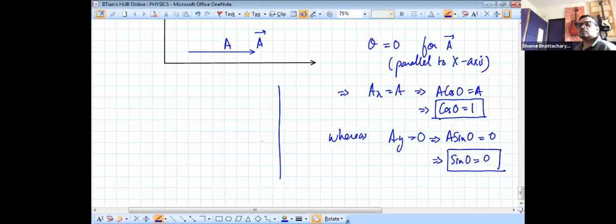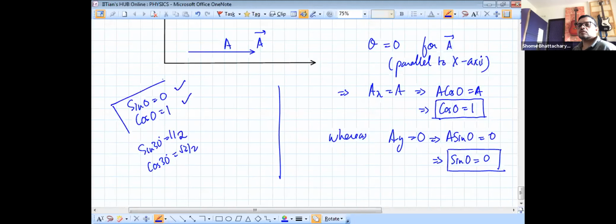So we have two more values. Sin 0 is 0, whereas cos 0 is 1. Just like sin 30 is half and cos 30 is root 3 by 2, you have this additional set of values: sin 0 is 0 and cos 0 is 1.